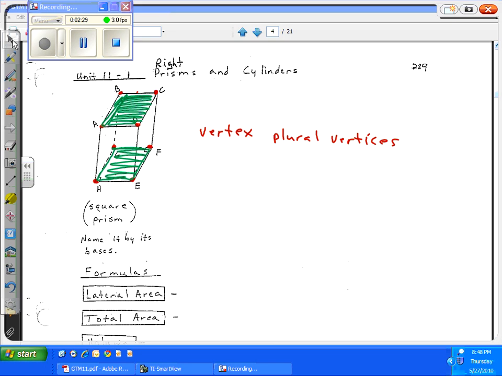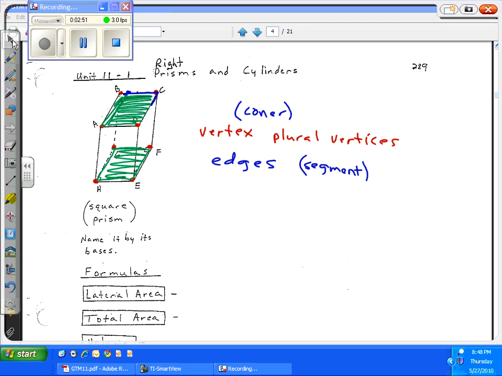All of the corners we call vertices. All of the segments we call edges. So when you think vertice, you may be thinking corner. When you think about edge, you're thinking segment. So how many edges?